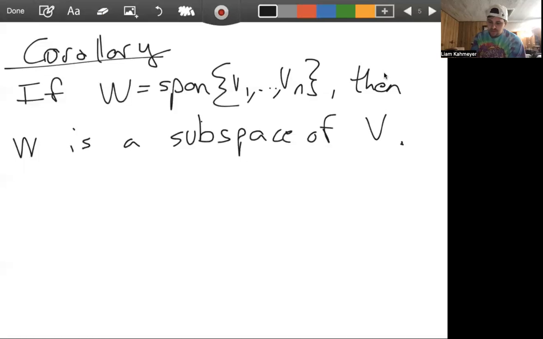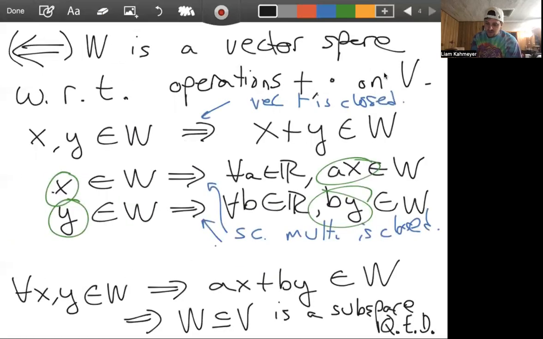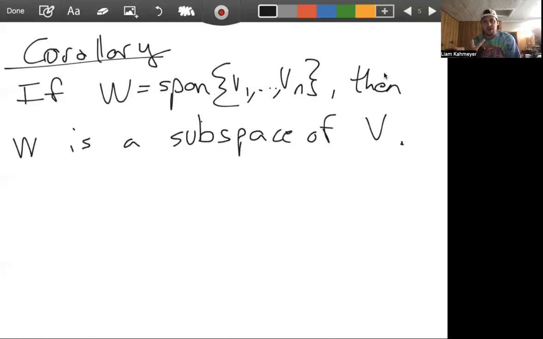And why is this true? Well, this follows immediately from this previous theorem. What is a spanning set? A spanning set is defined to be the linear combinations of elements V1 through Vn here, right? So it satisfies the subspace criteria almost by definition, because W is defined as a spanning set.